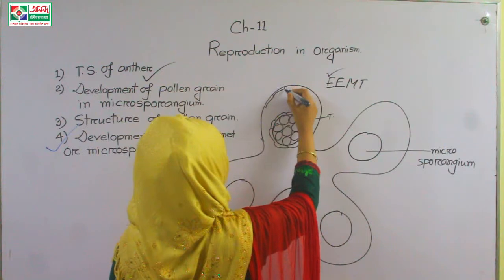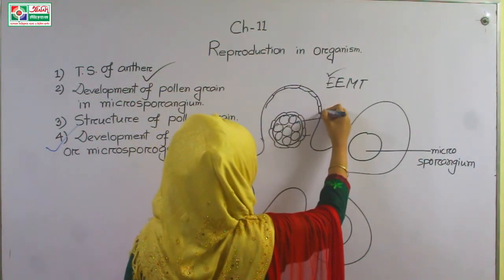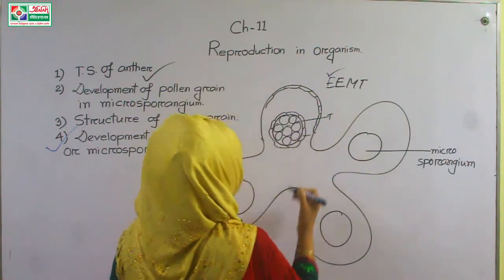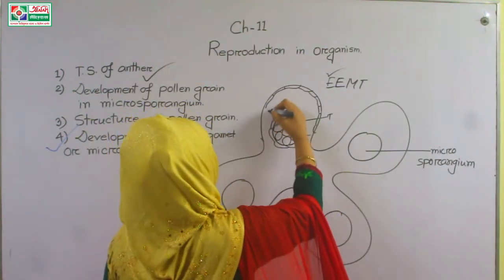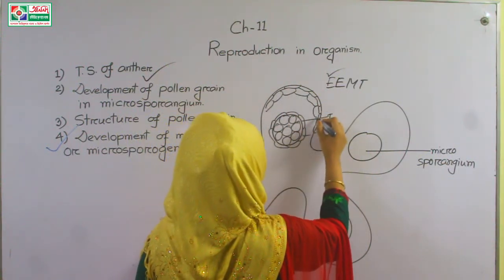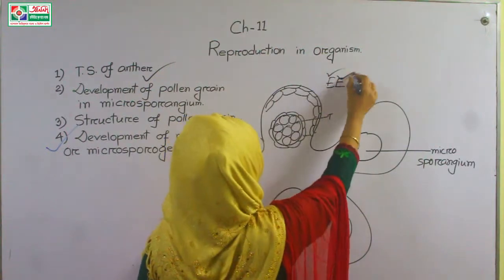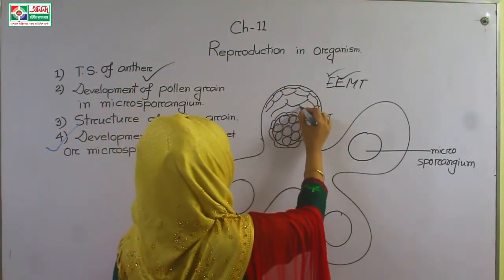The outer covering is known as the epidermis. These are epidermal cells. And next, endothecium. That means epidermis, endothecium, and this is the middle layer.